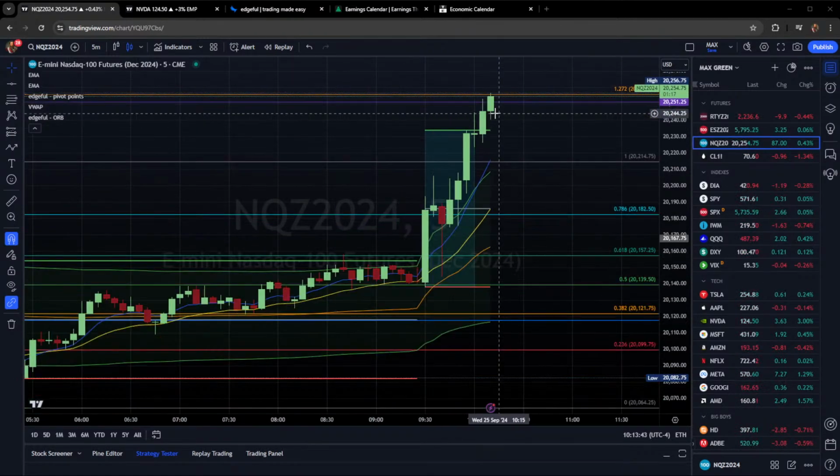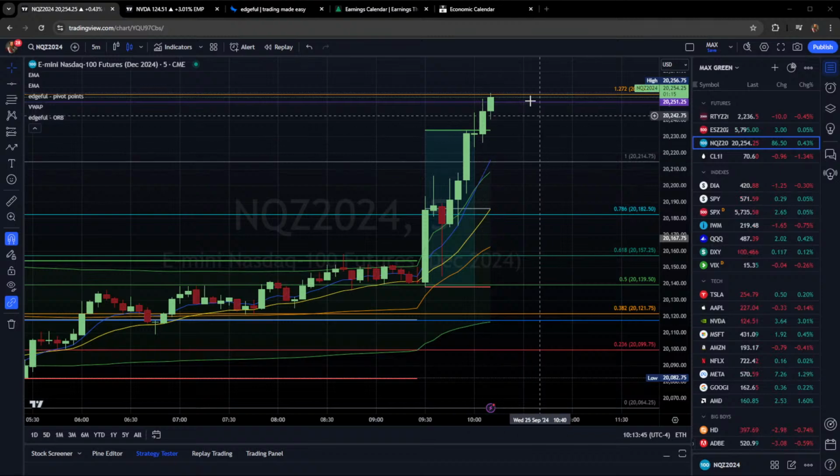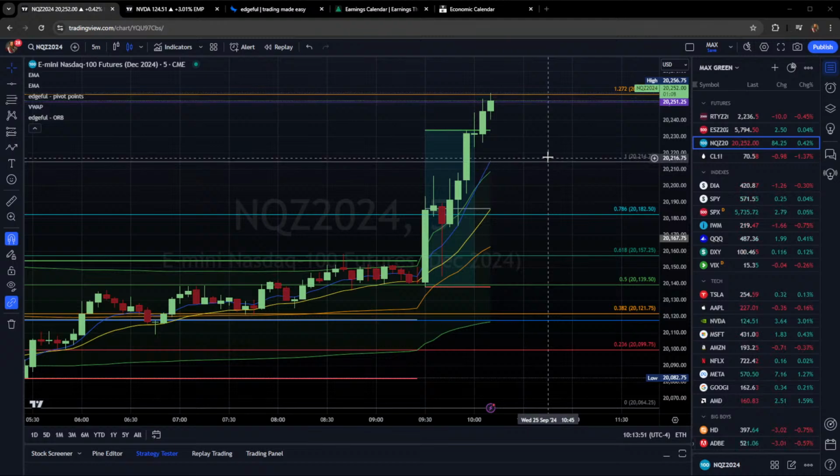Problem is, I really don't like shorts the way we are over those previous highs. But if we can scalp it back to here and then find out what happens, we'll see if it works.